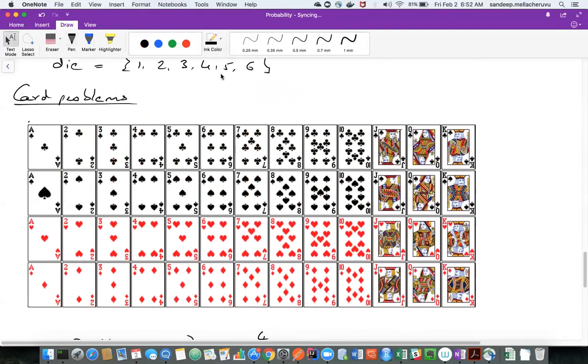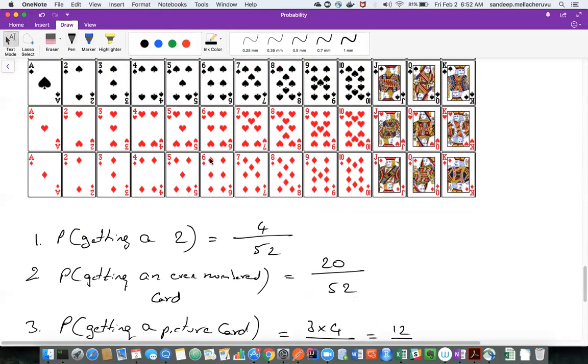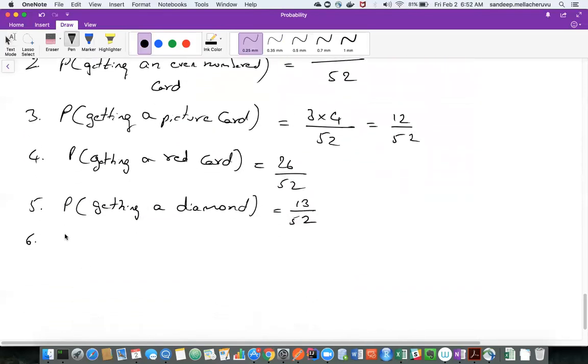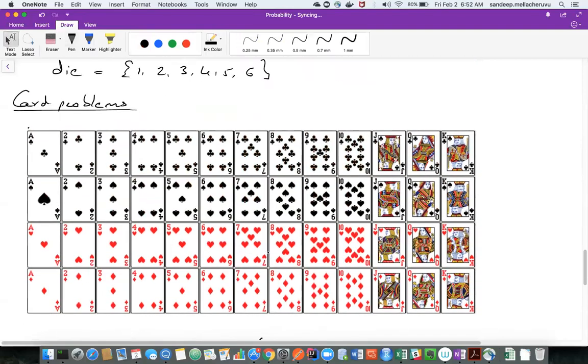Now, Zahir. Your question is the probability of getting a numbered card. When I say numbered card, it is one which has a number on it. It's 36 by 52.